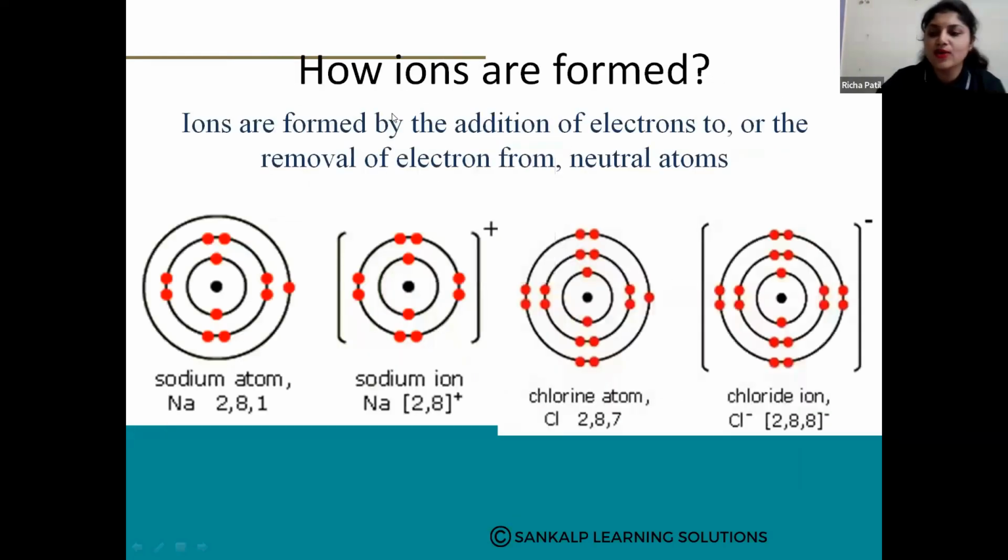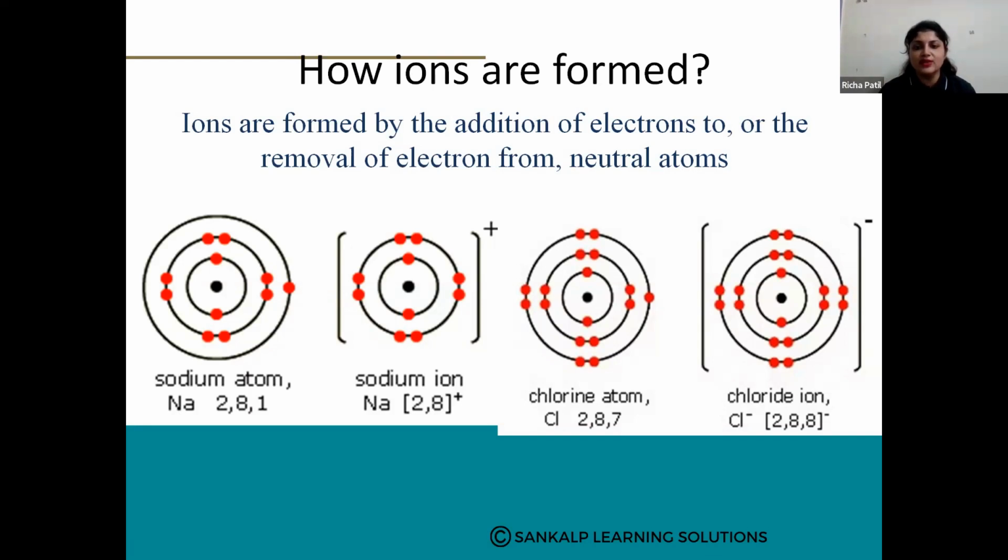Now, how are ions formed? Ions are formed by the addition of electrons or by the removal of electrons from a neutral atom. When you are adding electrons, it is called an anion.